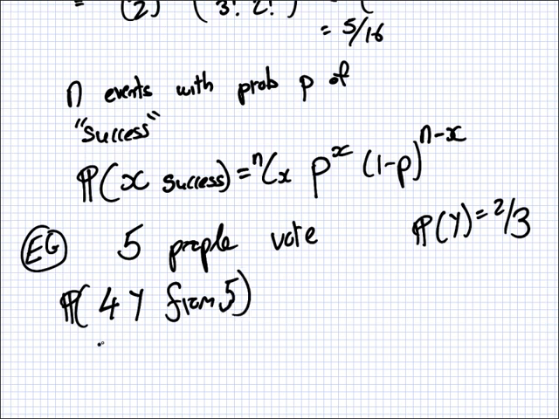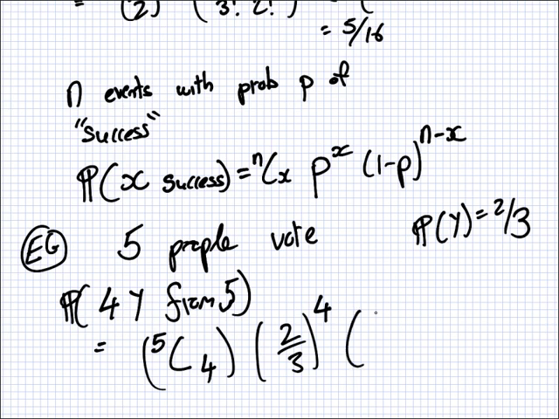Using my rule, that would be 5C4, because I want 4 successes, times 2/3 to the power 4. And how many failures? If I want 4 yeses, that means 1 no. So that's 1/3 power 1. This is the probability of getting 4 yeses, where you don't care about the order.